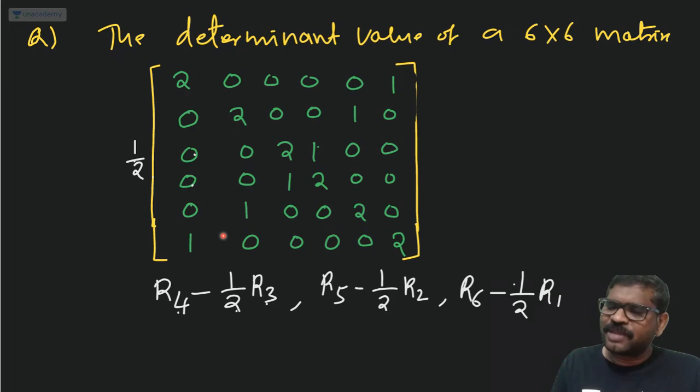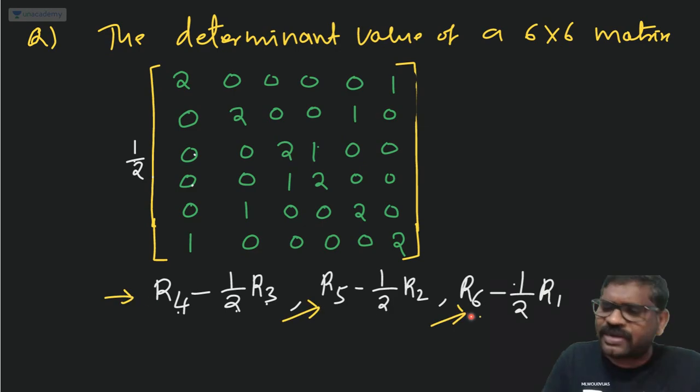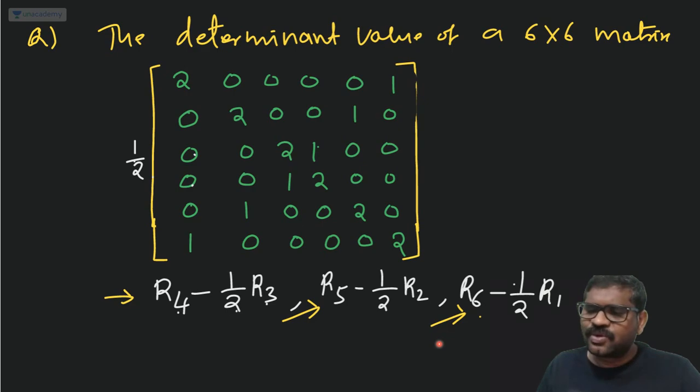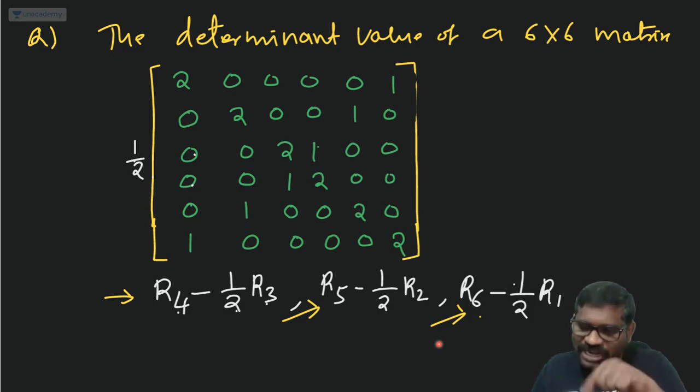At a time I am applying only one operation. I have written 3 operations because one is going on in the 4th row, one in the 5th row, one in the 6th row. I am not applying 10 operations at a time. Always you have to apply the operation on the previous matrix, not the new one. The result you have to write on the new one.